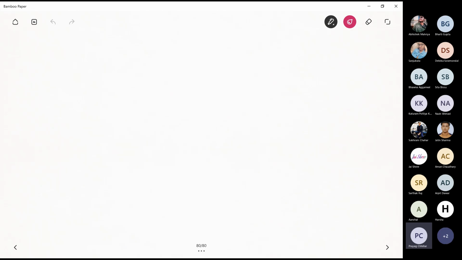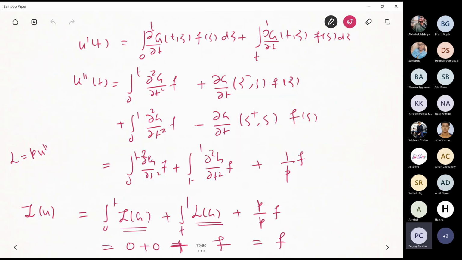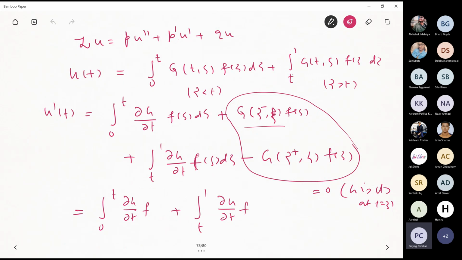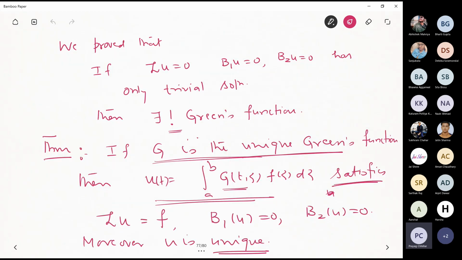The second thing I said is that all throughout we assumed the homogeneous equation has only the trivial solution. So what happens if it doesn't?